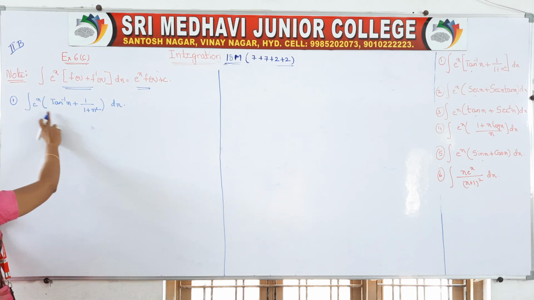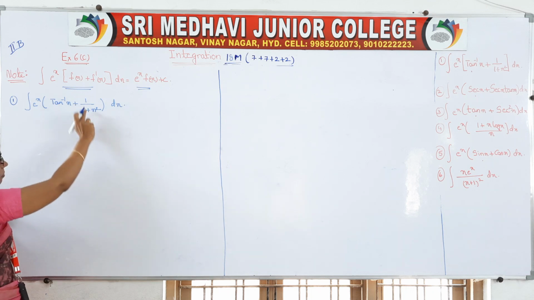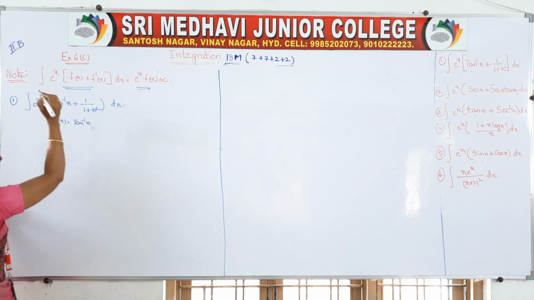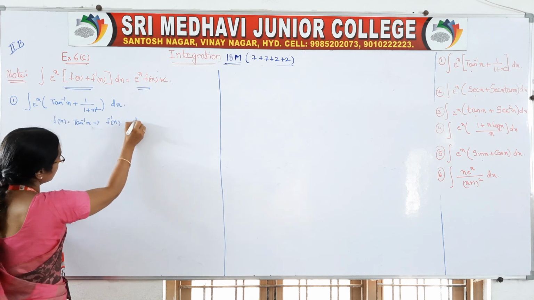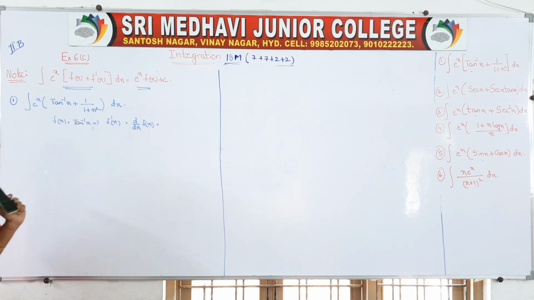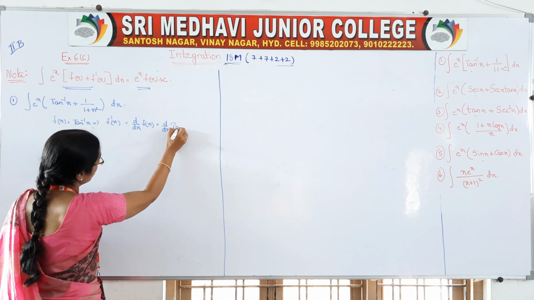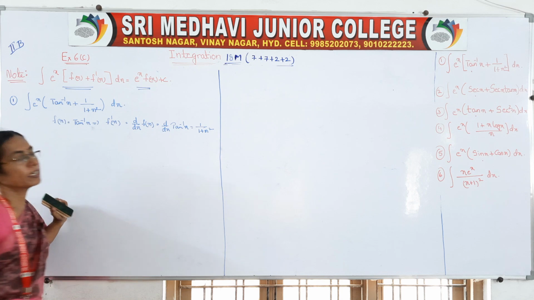So observe here, e to the power of x tan inverse x plus 1 by 1 plus x square dx. You take f of x is equal to tan inverse x. Then what happens to f dash x? f dash x is equal to d by dx of f of x, which means d by dx of tan inverse x is 1 by 1 plus x square.